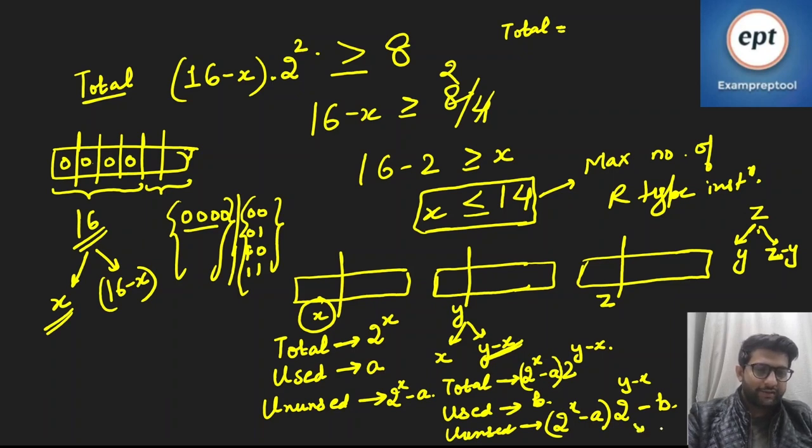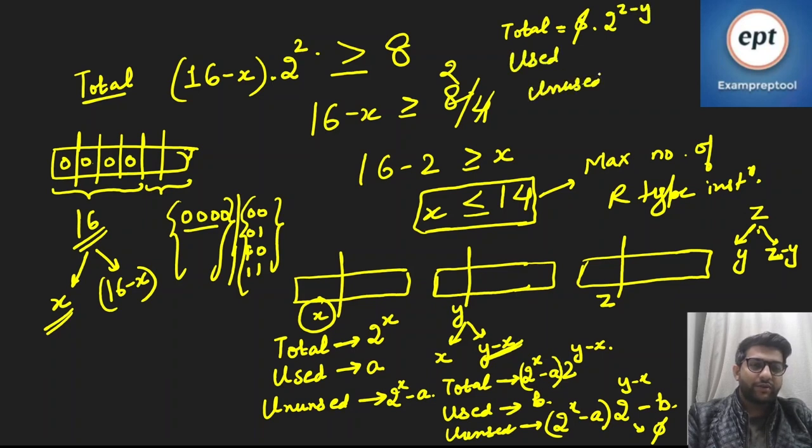So let's say if this was psi, this will be psi into 2 power z minus y. Again, you can use the used values and calculate the unused values. So this is how you can solve the question which supports multiple types of instructions.